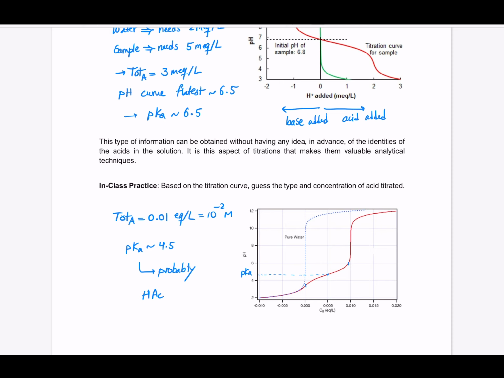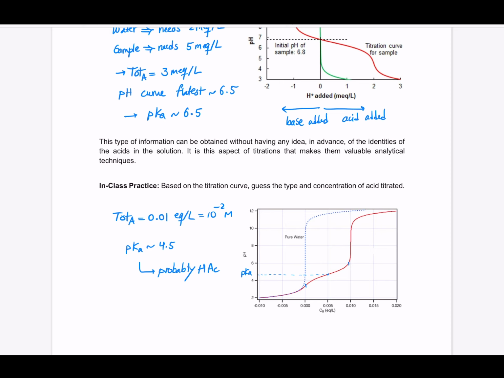So probably this is a titration of 10 to the minus 2 molar of HAc. To make sure, you can make 10 to the minus 2 HAc in the lab, do the titration for that, and then see how much overlap they have. That's one way to confirm it.